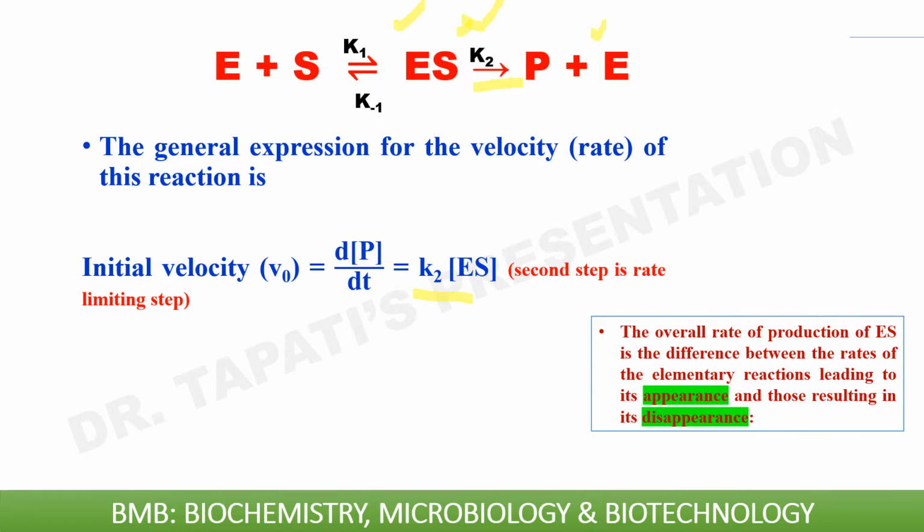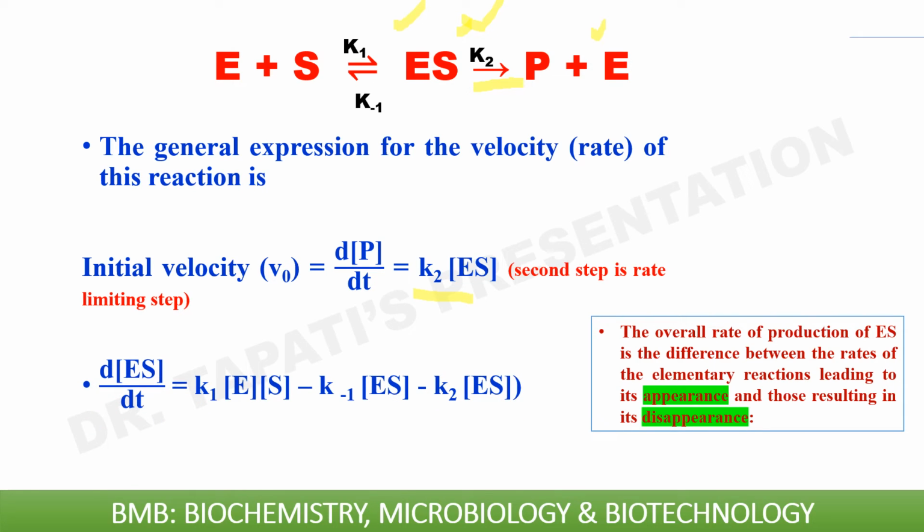The overall rate of the production of ES, that is d[ES]/dt, is the difference between rates of the elementary reactions leading to its appearance and those resulting in its disappearance.